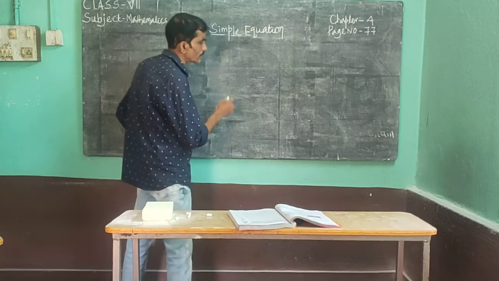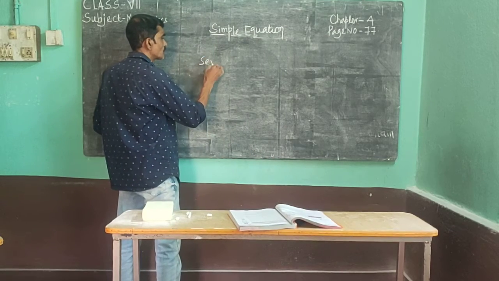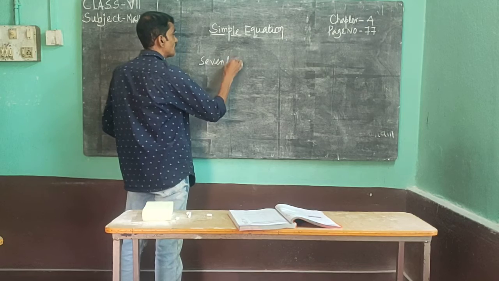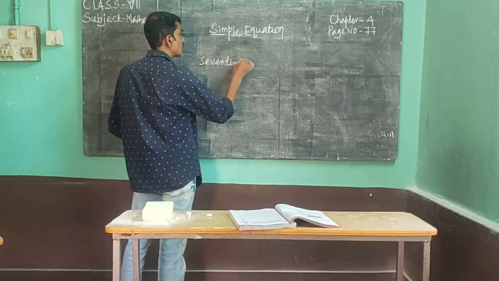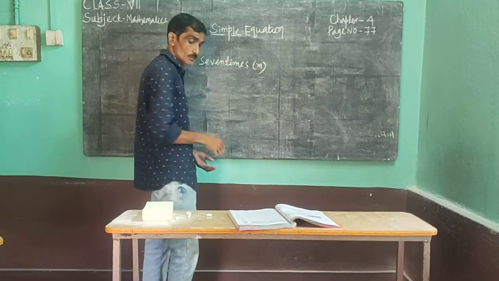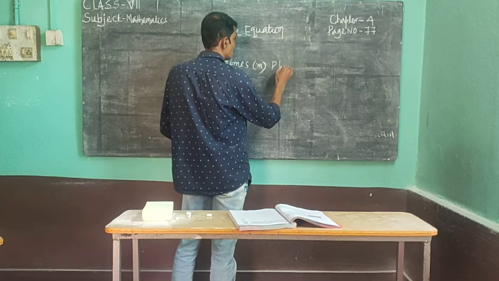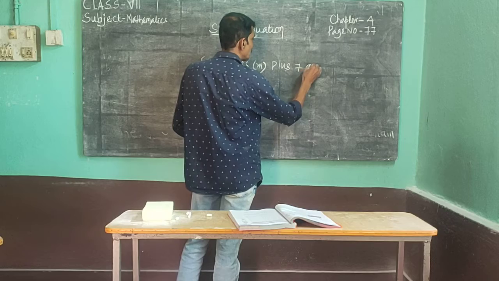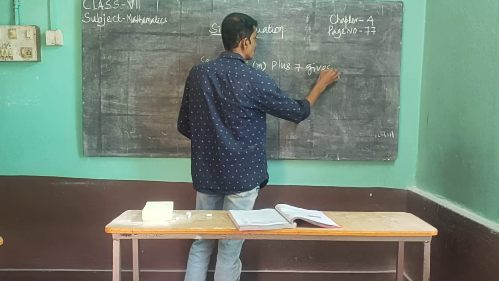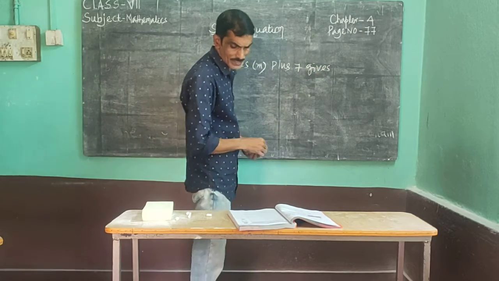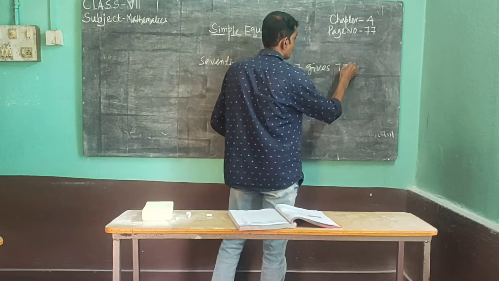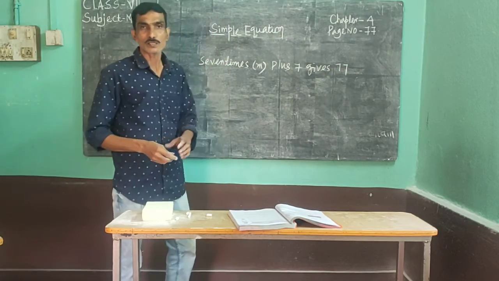What is given? 7 times m. Here m is the variable. Plus 7 gives 77. This is a word expression that is given.